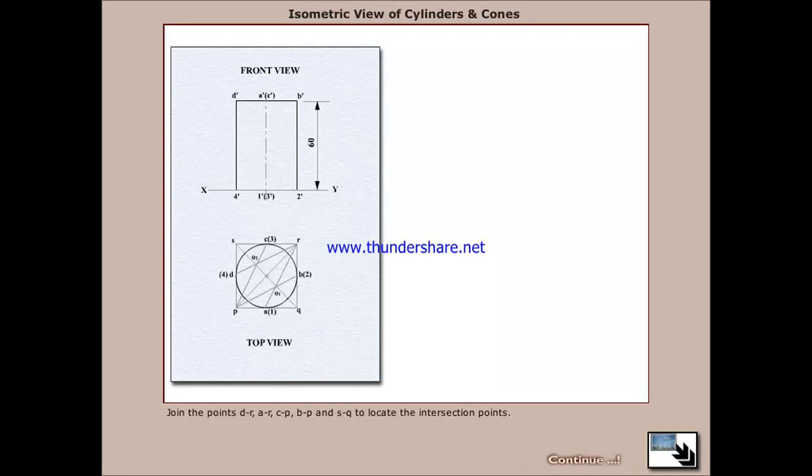Now join the points DR, AR, CP, BP and SQ to locate the intersection points.